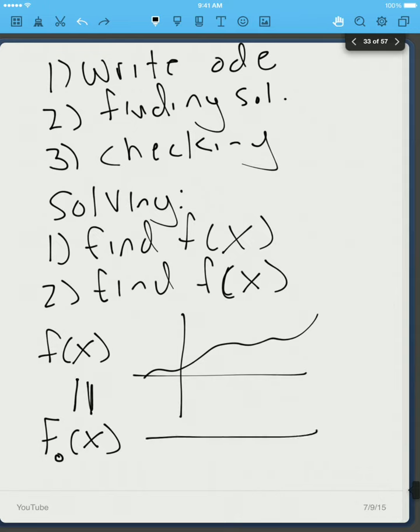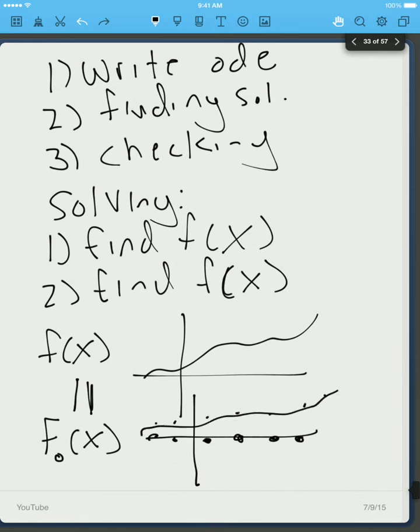Well, we come up with methods, we call it numerical analysis, where we find discrete points for the independent variable, which would be x, and we basically try to approximate the value at each one of those points.